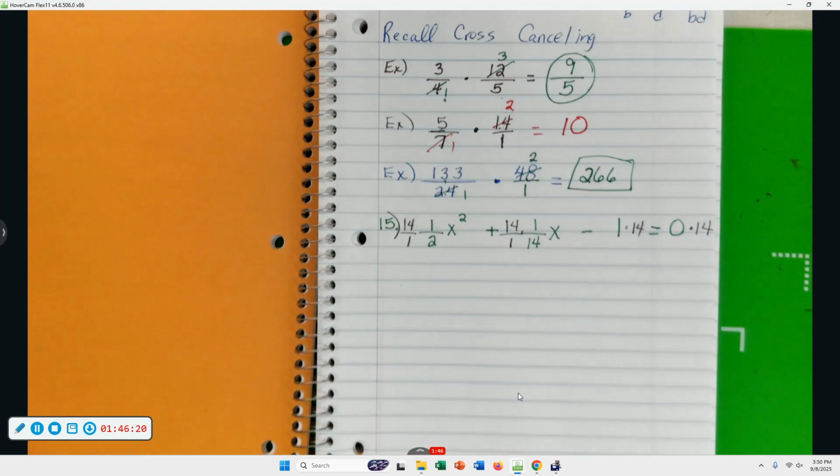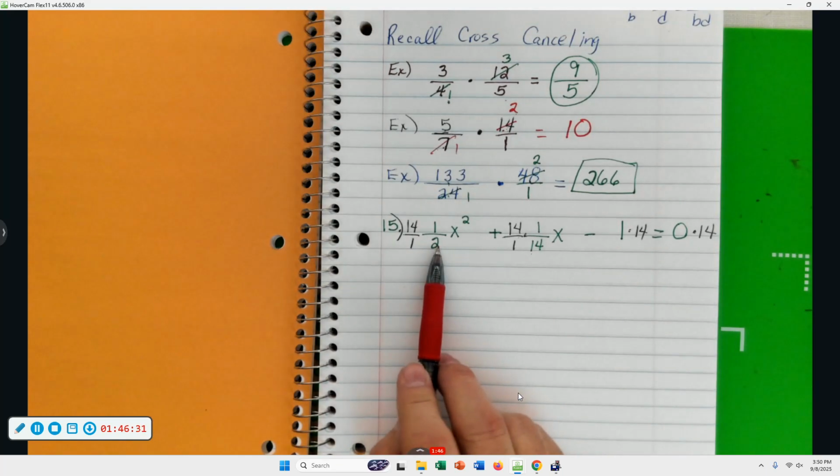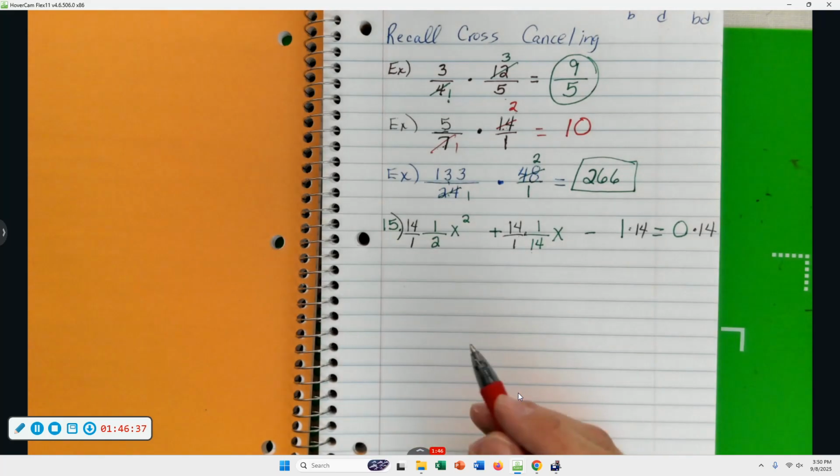Right there. If I multiplied straight through by 14. Now 14's the smallest number that'll work here. If you had multiplied by 28, would 28 cross cancel with both of these denominators? Yeah. But then you're going to have more reduction at the end. Because you have bigger numbers.